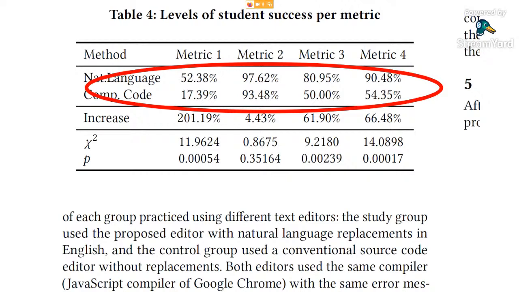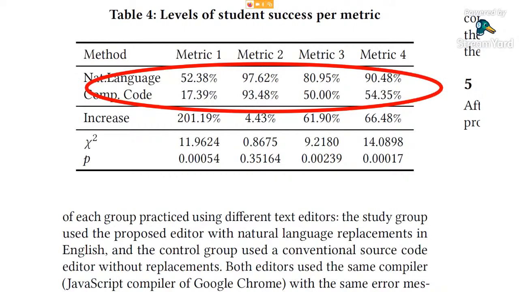So different metrics, exactly as described, were established, and I split the students into two pools. One pool learned those concepts using this tool that we developed, and the other pool of students learned exactly the same concepts, but using the conventional programming text editing. So there was no text replacement in that case. Those percentages shown in this example are the difference between those two pools of students.